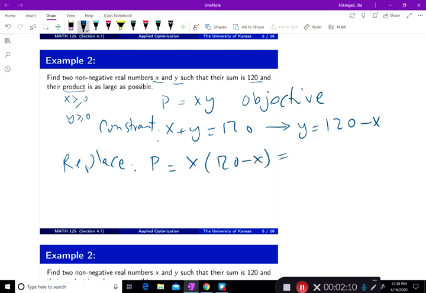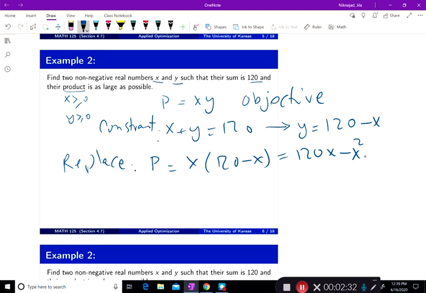Again, this is going to be quadratic, but we're not using our pre-calculus knowledge from now on. All the way to here, same thing as pre-calculus. From now on, instead of using the vertex of the quadratic equation, we use one of the methods that we have.